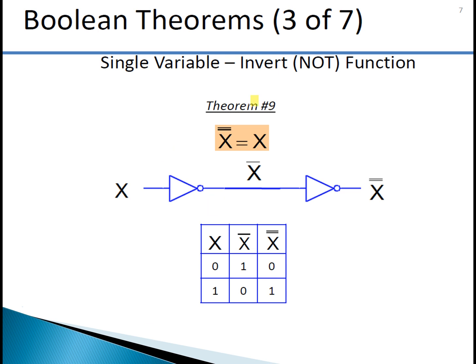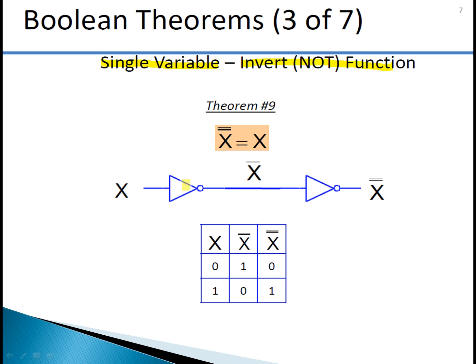So next we'll consider single variable invert or not function. So here x double bar equal to x. So already we know that x single bar is nothing but complement of that variable, or in other way it's a not function.